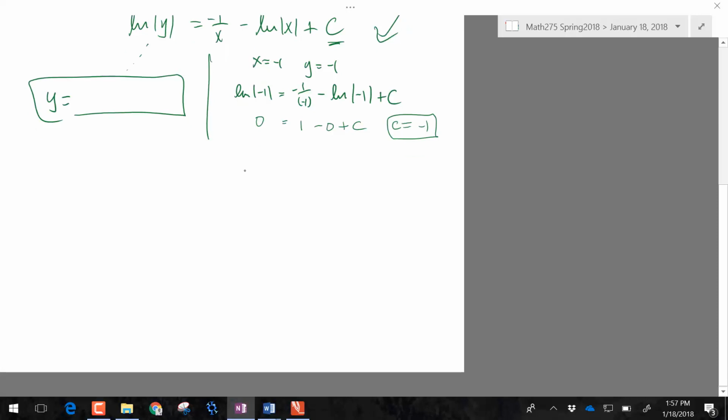And then so now let's put that back in. Ln of the absolute value of y is equal to -1 over x minus ln of the absolute value of x minus 1. Now we need to solve for y, so raise this as a power of e.